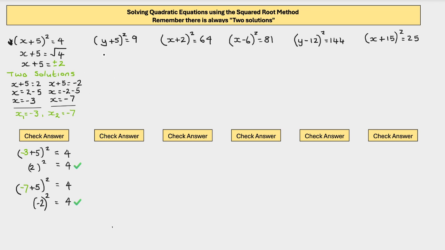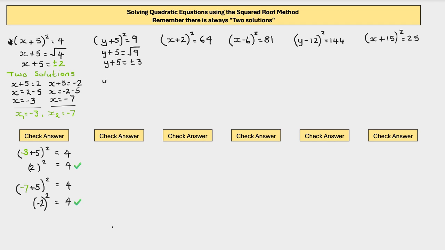So we're going to do the same here. Nice and easy. Let's square root that 9. And we know that the square root of 9 is what? I hear you cry. Yes, it's a 3, but it's also a plus and a negative 3. So let's work on our 2 solutions.